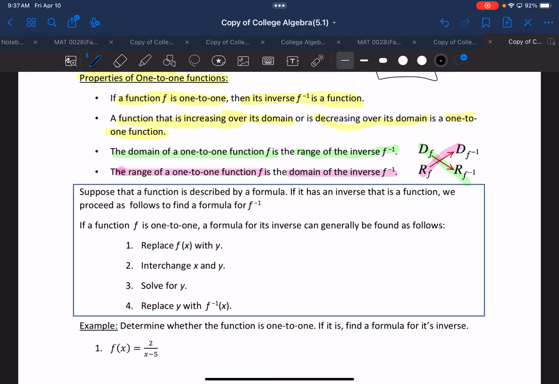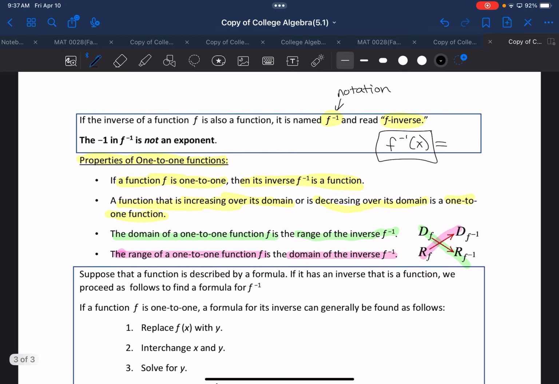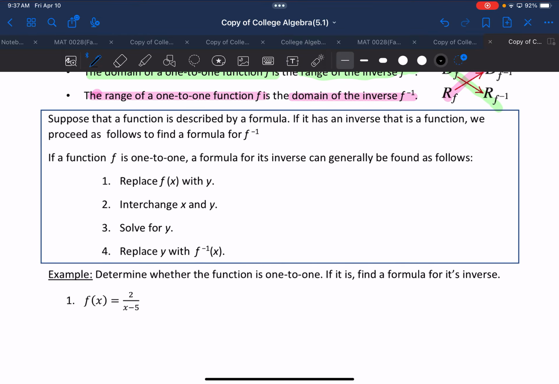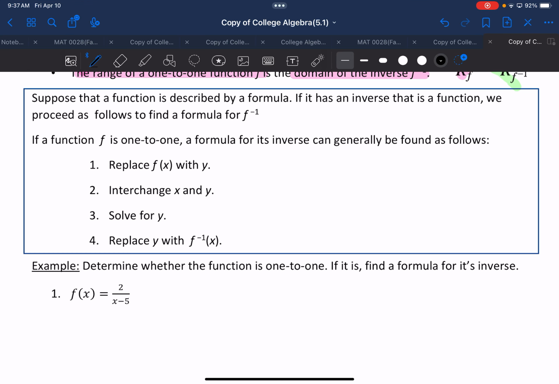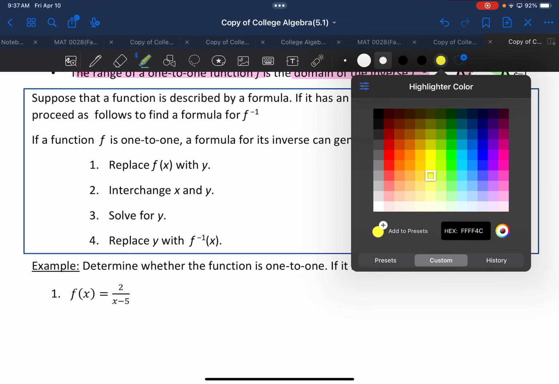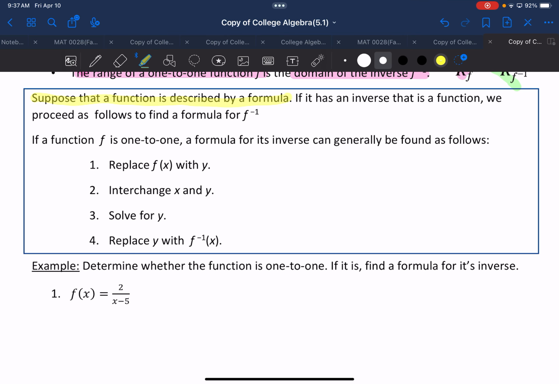All right. So now that we've learned all of that, we can talk about finding the inverse functions of these one-to-one functions. I'll just read this. Suppose that a function is described by a formula.